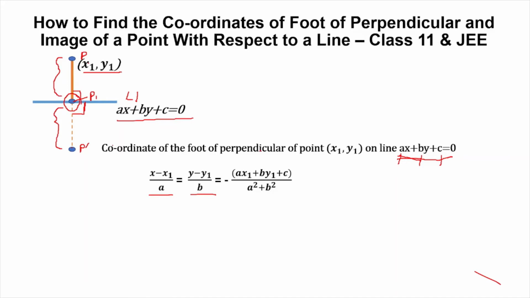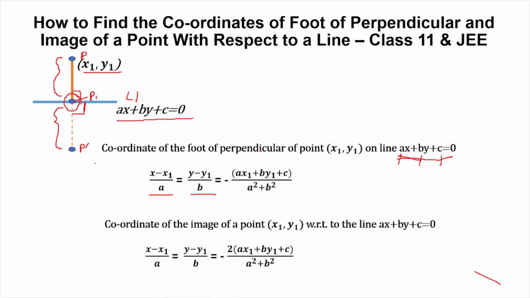So the coordinates of P dash would be (x minus x1) upon a is equal to (y minus y1) upon b is equal to minus 2 (ax1 plus by1 plus c) divided by (a square plus b square).